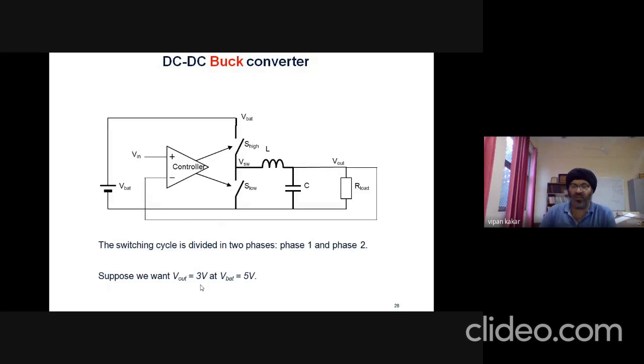So we want to step down 5 volts at a battery over here into 3 volts at the output. So at the output, maybe we want to run a 3 volt DC motor or speaker or any device. But at the input, we have 5 volts.